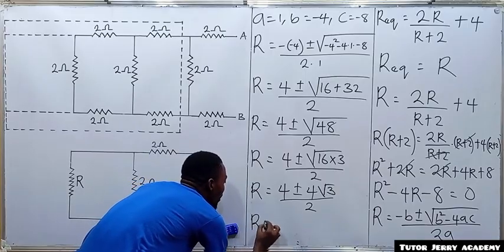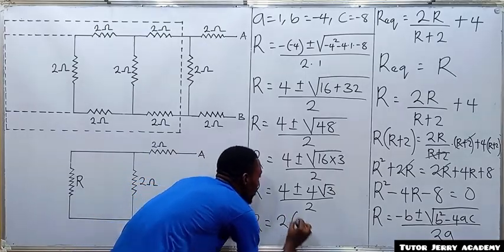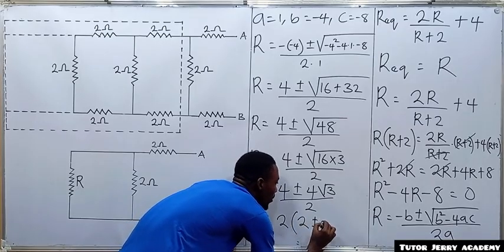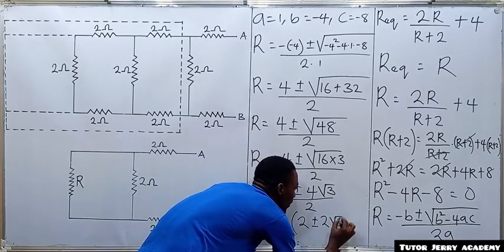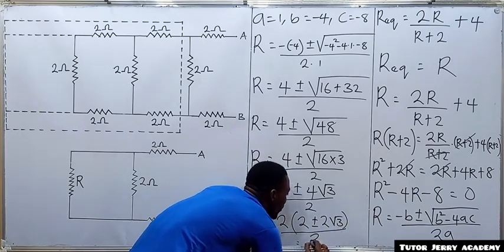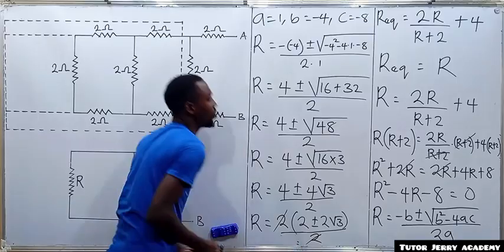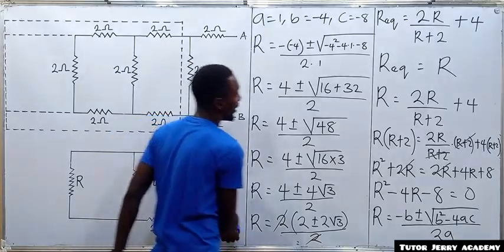Alright, 4 and 4, we can factor out 2 from there. Then R will be equals to 2 into what? 2 plus or minus 2 root 3 all over what? All over 2. And this 2 will go with this 2.